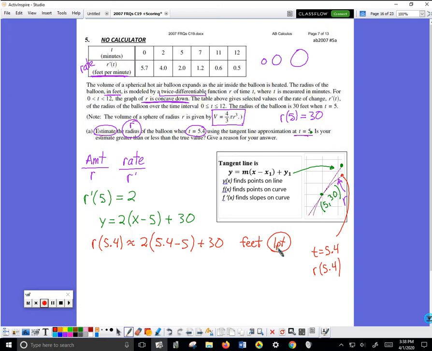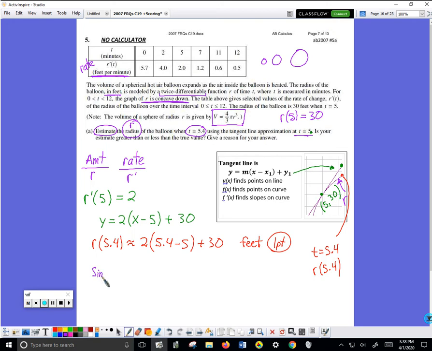I've done that. Is my estimate greater or less than the true value? The picture tells me the answer. R is concave down, therefore the actual value of R will be below the tangent line approximation. That's what you have to write. They said R is concave down, so just use what they said.